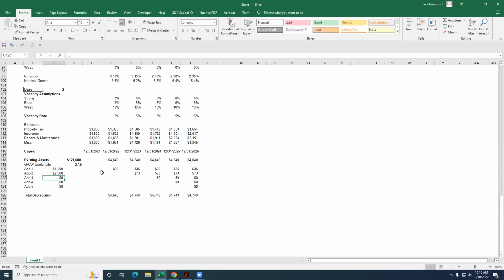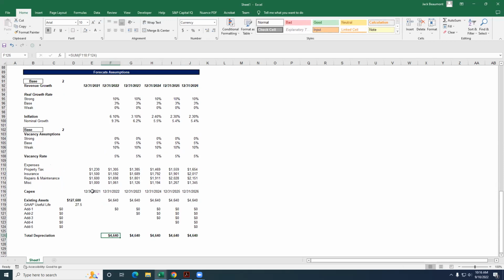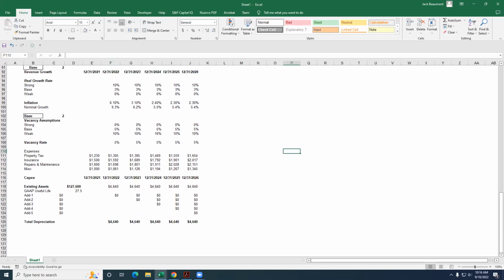So if we had additions here, it adds into the depreciation. If I had additions here, it increases our depreciation expense. Awesome. Okay, so we have that built out.